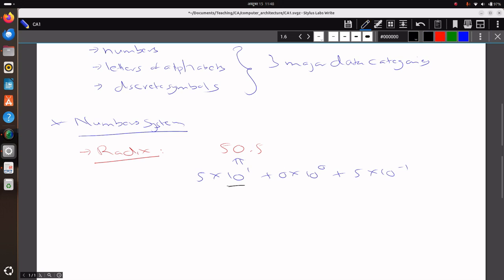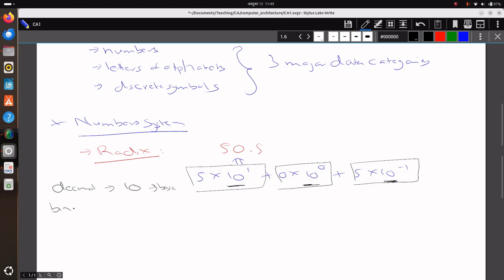Notice the term 10 being used in each of these three computations. Now this number 10, in case of a decimal number system, is called a radix. So in case of a decimal number system the radix is 10. This is also called a base.